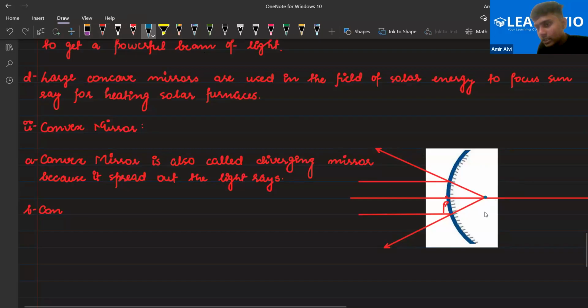Okay, so as you can see, we are going on the other side of the pole, right, in the direction of the light ray? In that case, the focal length would be positive. Is that clear to all of you? That's why the focal length of the convex mirror is positive. Is that clear? Oh, yes, sir.